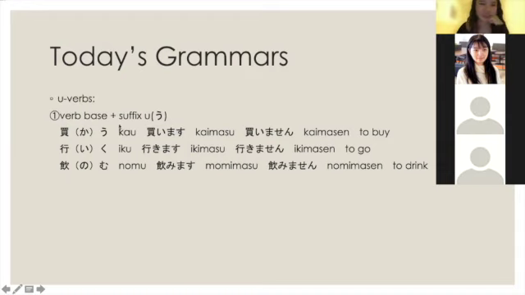So look at here. They all end with u. There's no ru. So the verb bases are ka, ik, nom, plus u. The rule for this u-verb is very simple as well. We change u into e.